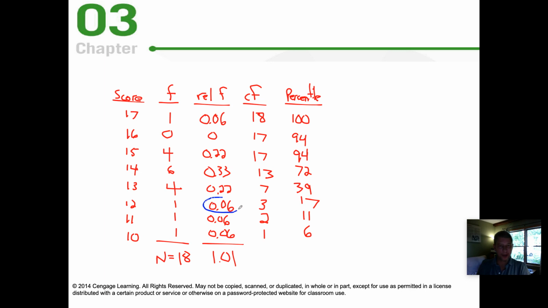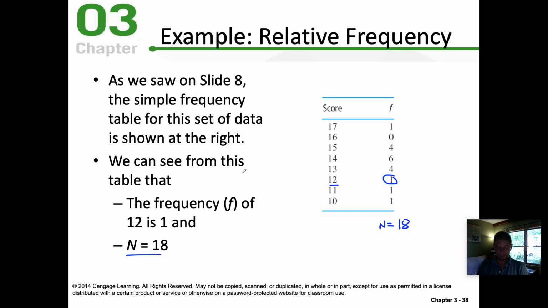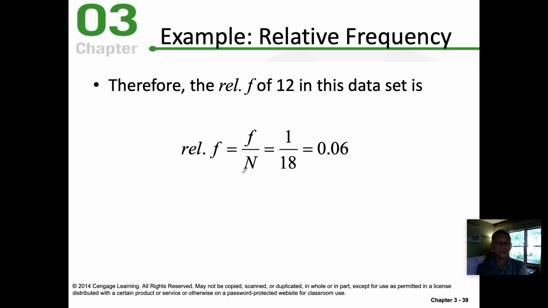Oh, look at that, it's the same number. It'd be bad if it wasn't the same number. That's the relative frequency of 12 in this particular data set, frequency 1 over n, 18, which gives me 0.06.